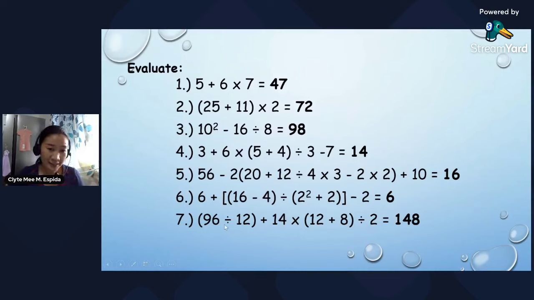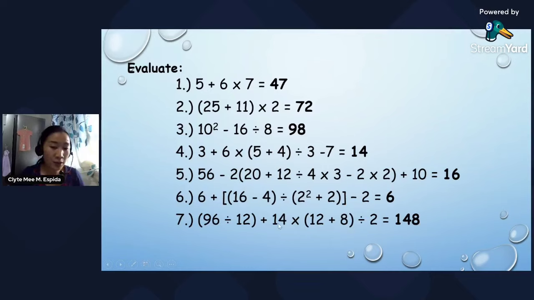Okay, so again, unahin muna natin yung nasa parenthesis. 96 divide 12 is 8. Next, we have another parenthesis in here. 12 plus 8 is 20. So your new expression would be 8 plus 14 times 20 divided by 2.